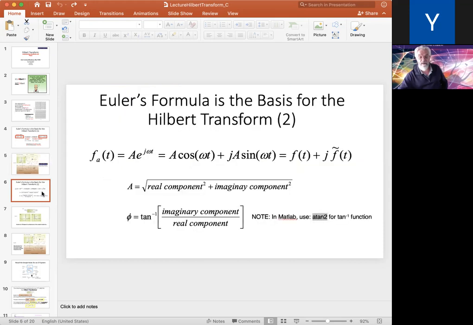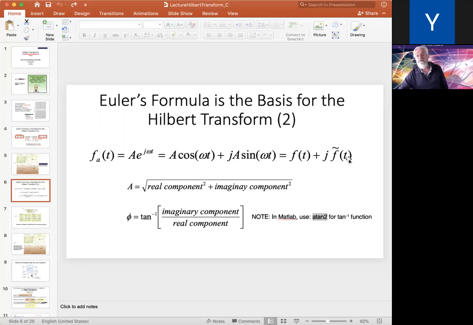So just to write down what the different components are, here you see again the equation for the analytic signal in the time domain, which, if you apply Euler's formula, is nothing else than the unit circle multiplied by amplitude a, which is nothing else than a cos omega t, which is the signal, plus j a times sin omega t, which is the Hilbert transform, and that can also be noted like this.